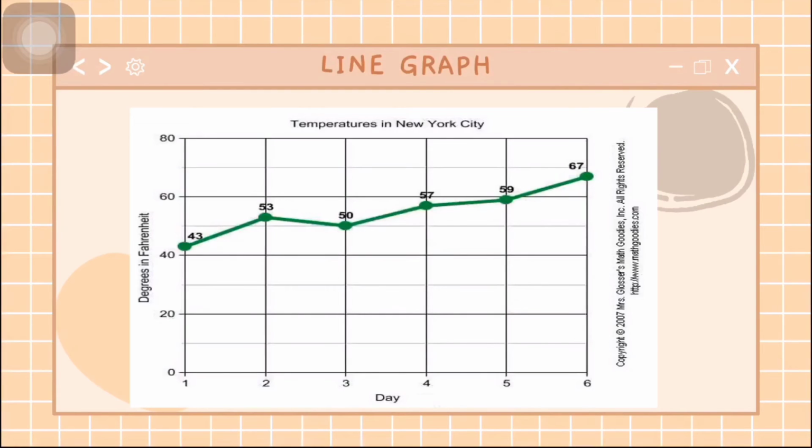The graph shows the temperature in New York City, in degrees Fahrenheit, from day 1 to day 6. So this is the best presentation of the data about the temperature in New York, because a line graph presents data that are continuously changing over time, such as temperature.